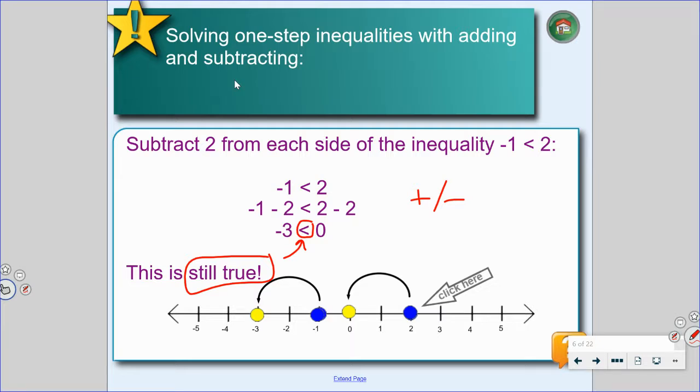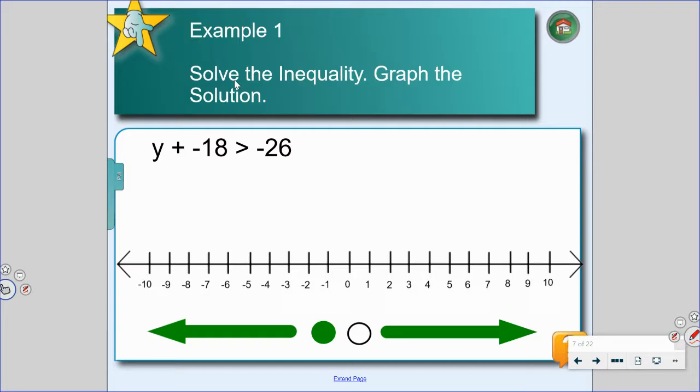I'm planting the seed. But let's go ahead now and actually solve the following inequality. We want to isolate the variable. We want to get y by itself. Some people even draw that bar through the middle. So let's get rid of that plus -18. How do you get rid of a -18?